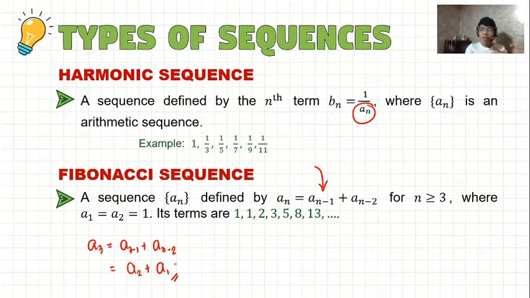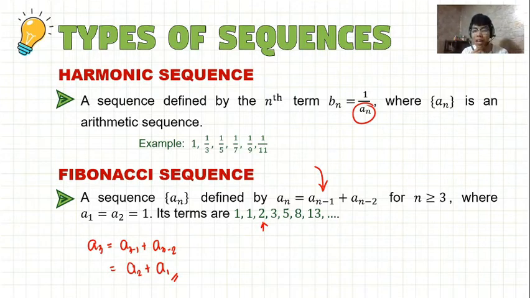Therefore, A sub 3 is obtained by adding A sub 2 and A sub 1. So, i-add lang natin yung two preceding terms niya. That's why A sub 3 natin is 2. So, 1 plus 1, you have 2. So, i-add lang natin yung two preceding terms. That is your Fibonacci sequence.